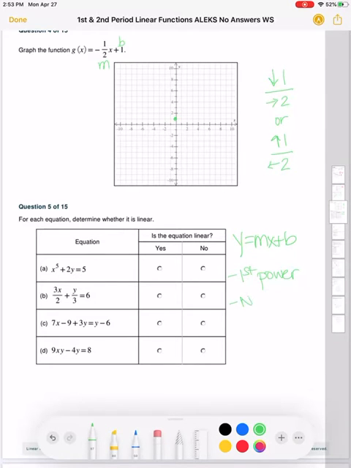You can have no square roots, and you cannot have variables, no variables in the denominator of a fraction. Additionally, you cannot multiply variables.